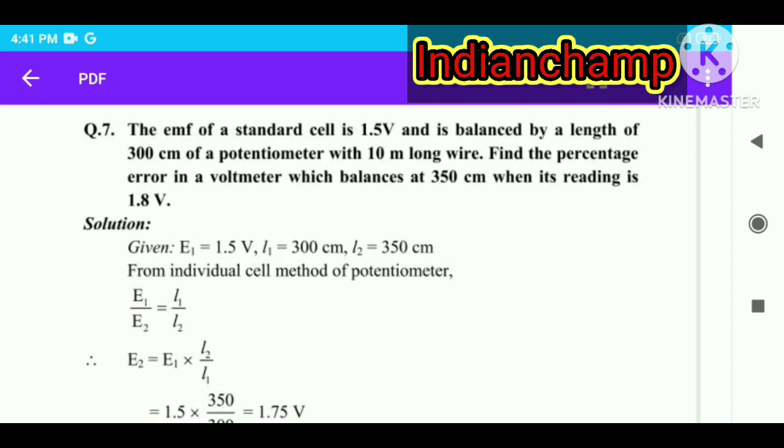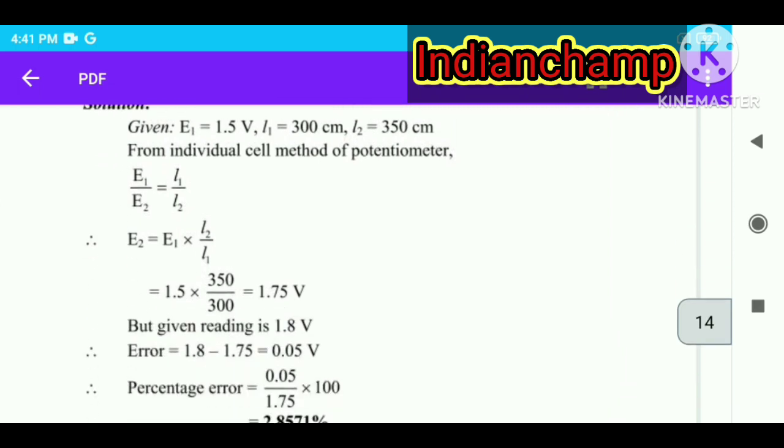From the individual cell method of potentiometer, E1 divided by E2 is equal to L1 divided by L2. Therefore, E2 is equal to E1 into L2 divided by L1 is equal to 1.5 into 315 divided by 300 is equal to 1.575 volt.